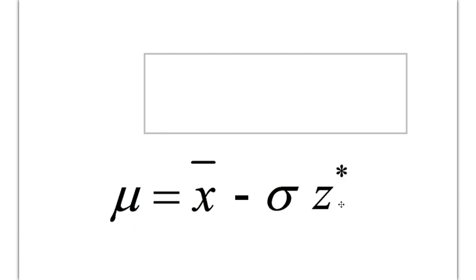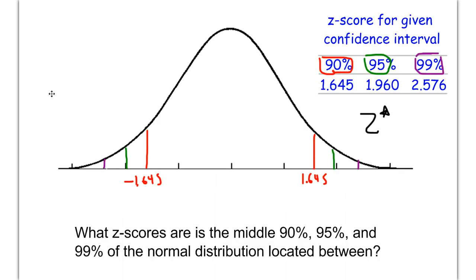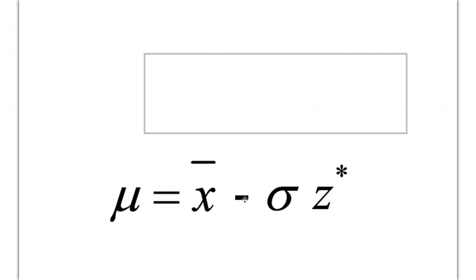So our z is now z-star. It's still just a z-score. Z-star implies both the positive and the negative, so it goes both ways. We're finding a confidence interval, so we replace this negative sign with plus or minus. The last substitution: since we're using the central limit theorem, we don't just have sigma, we divide our standard deviation by the square root of the sample size, so sigma divided by the square root of n.